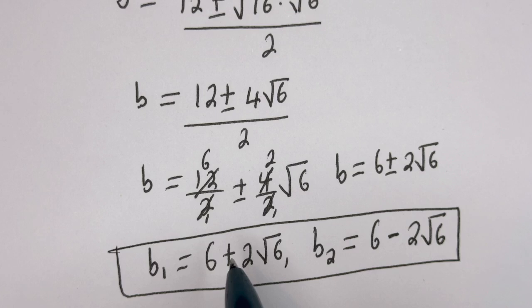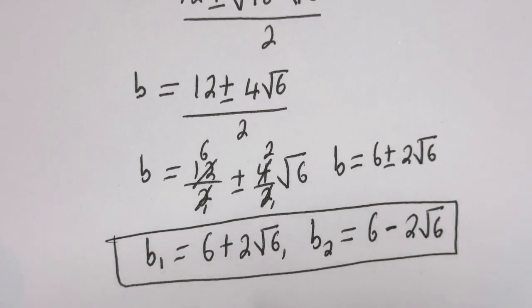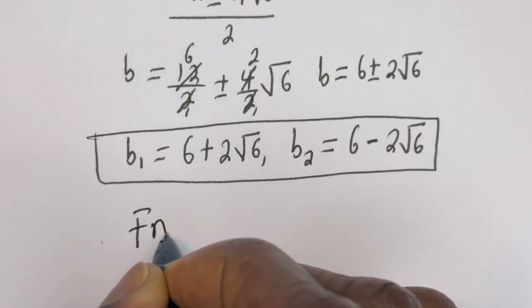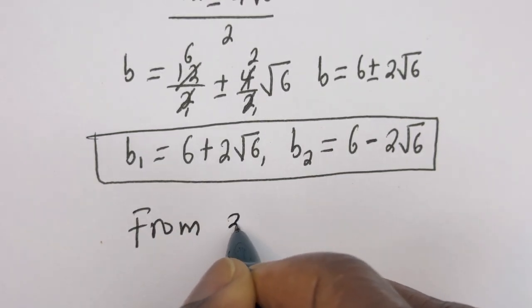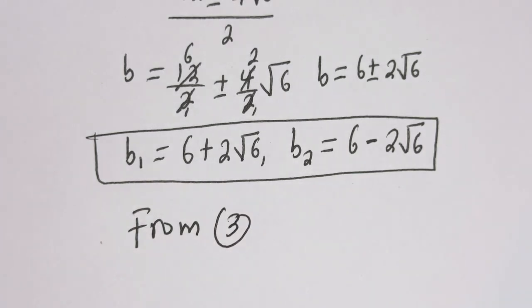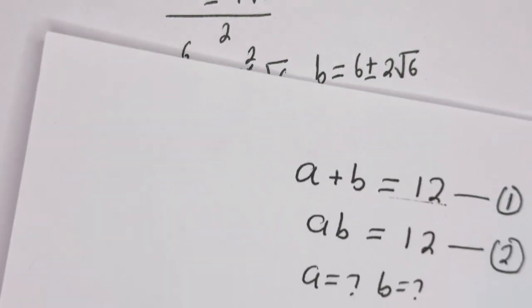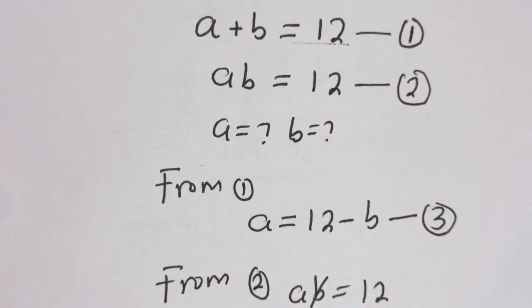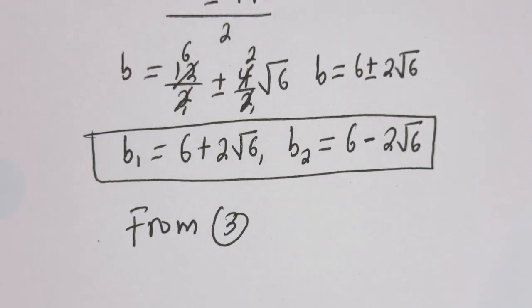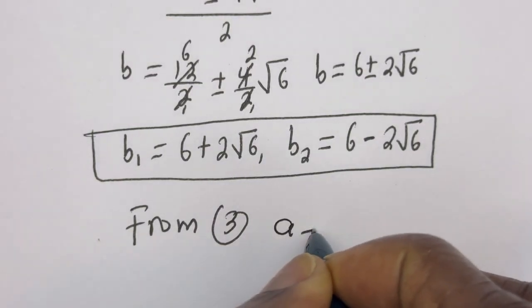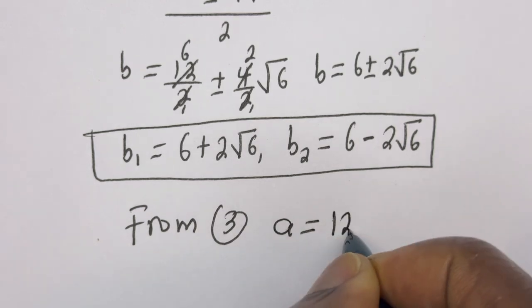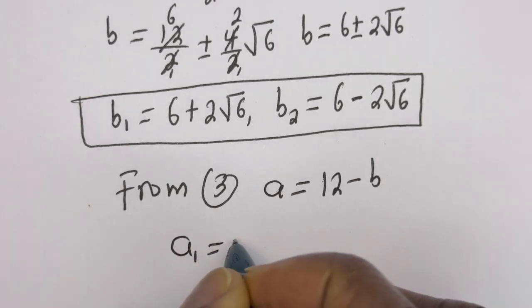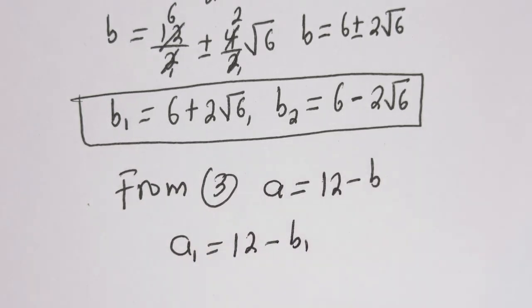We can solve for a since we've gotten the values of b, using equation 3. Look at equation 3 here: a is equal to 12 minus b. Now let's see. a1 is equal to 12 minus b1.